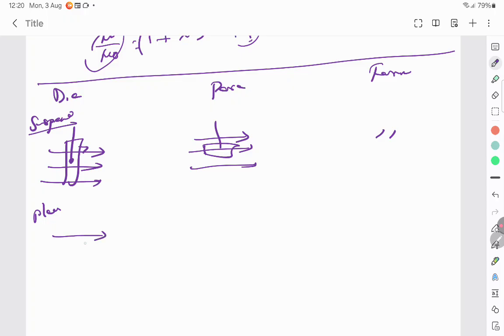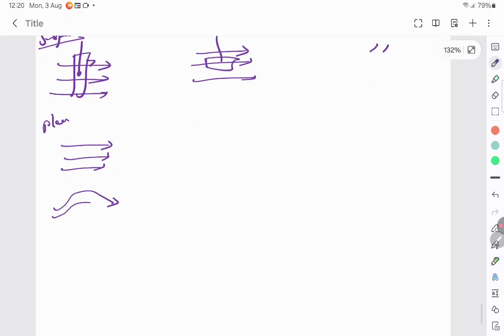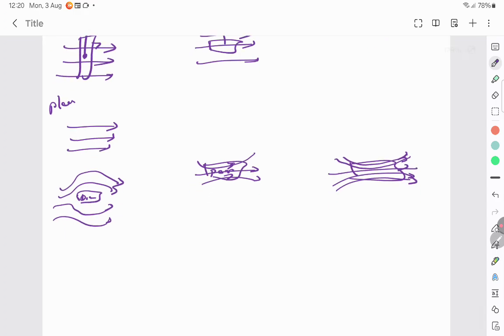When you're placing a diamagnetic specimen in a uniform magnetic field, the magnetic field is getting expelled. When you place a paramagnetic specimen, the magnetic field is getting concentrated. Whereas when you keep a ferromagnetic, many field lines are passing through. Okay, this is what it is when it is placed.